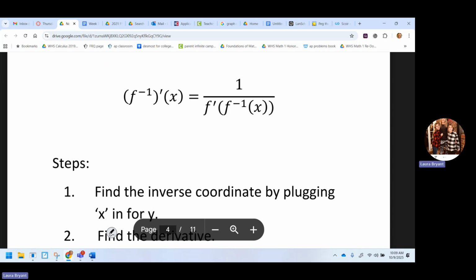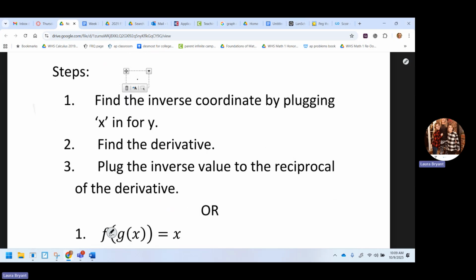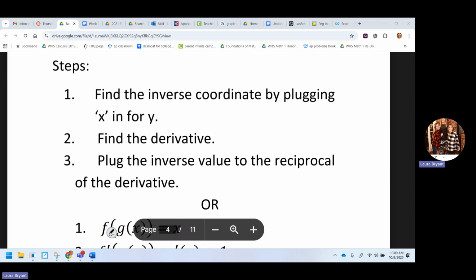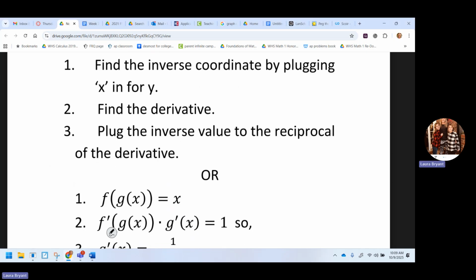It's the work we're doing on the left half of the space to get the answer that we're looking for on the right half of the space. As directions: find the inverse coordinate by plugging in the x value for y. So when we took 2, we plugged it in as the y value and solved to get 8. Then we took the derivative function, plugged in 8 and flipped it.